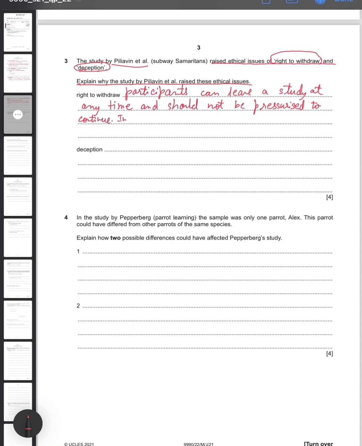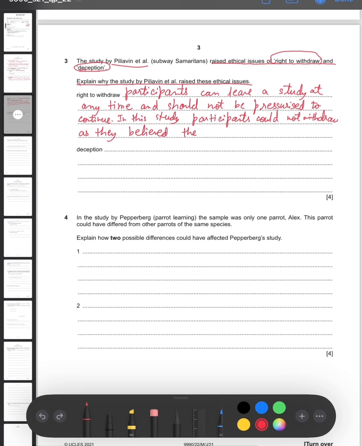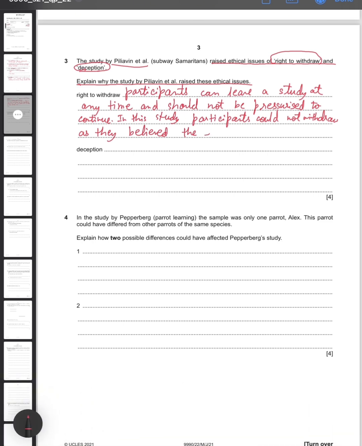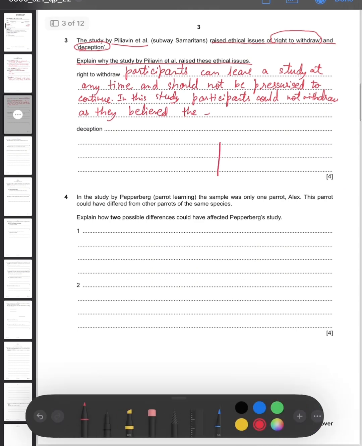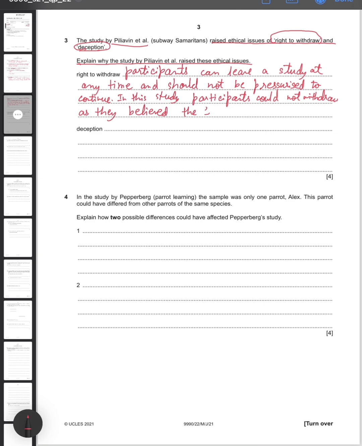However, in this study, participants could not withdraw as they believed that the setting occurred naturally.